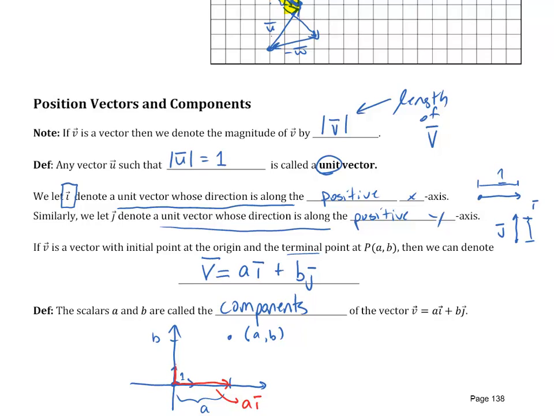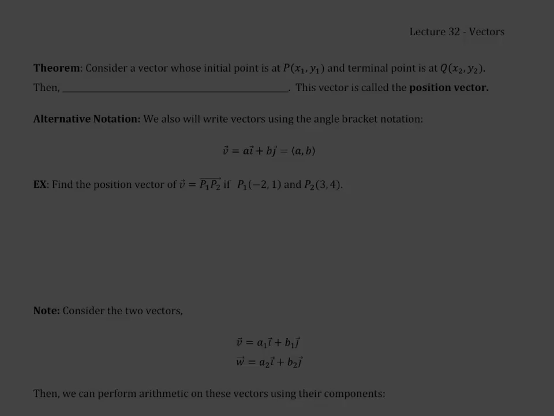And this vector right here would be bj, because you start with j, which is length 1, and stretch it to a length of b. And now if you add those two up, the vector you end up with is vector v, given by this notation right here. So we can write vectors in terms of their x and y components. a is their x component, b is their y component.